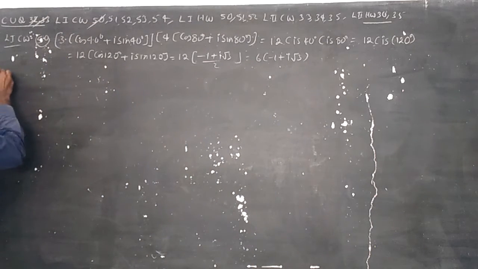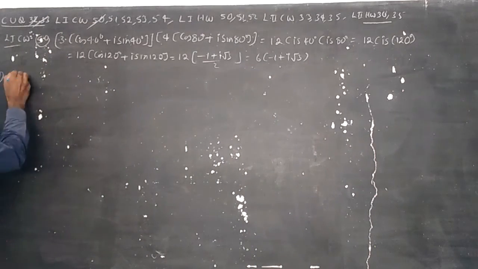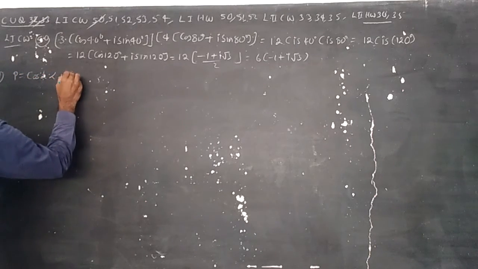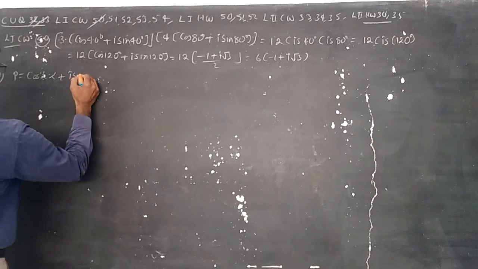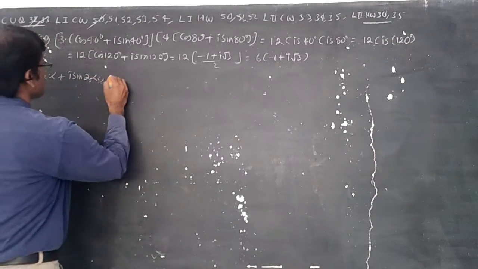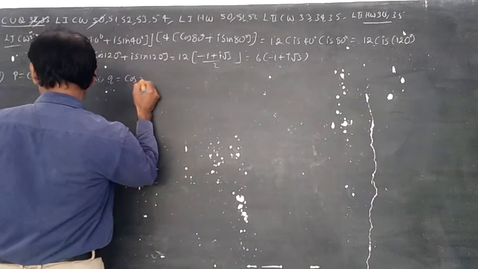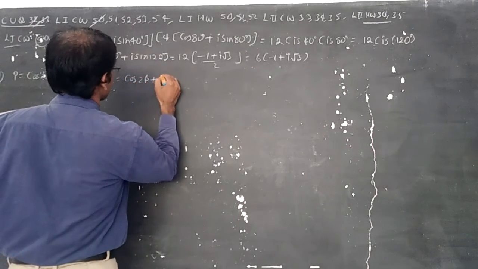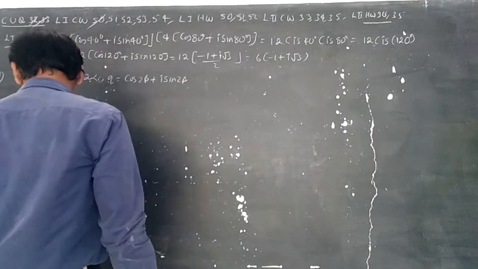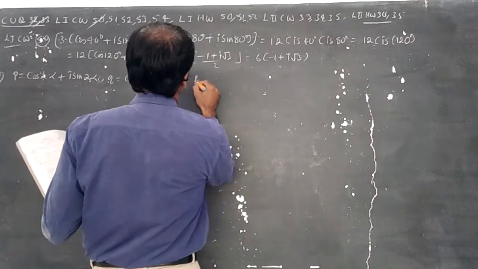Now 51. P is equal to cos 2 alpha plus i sin 2 alpha. Q is equal to cos 2 beta plus i sin 2 beta.